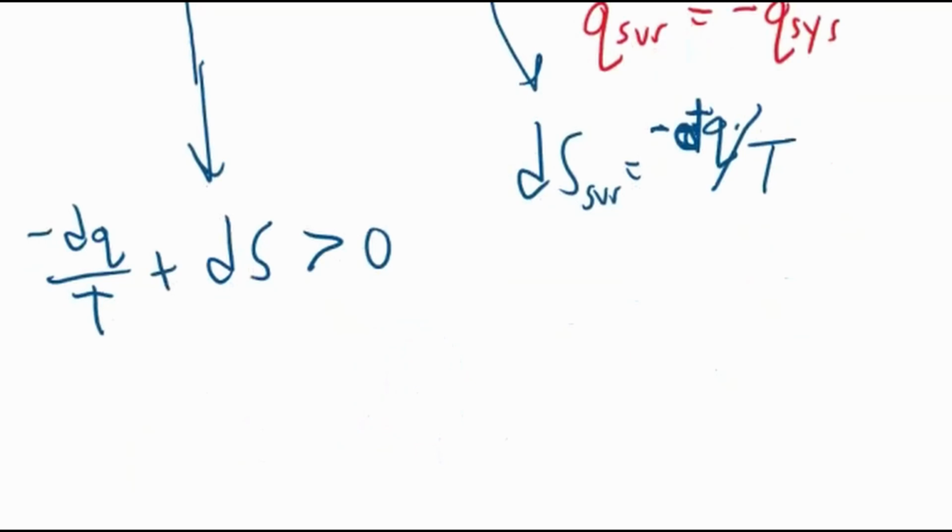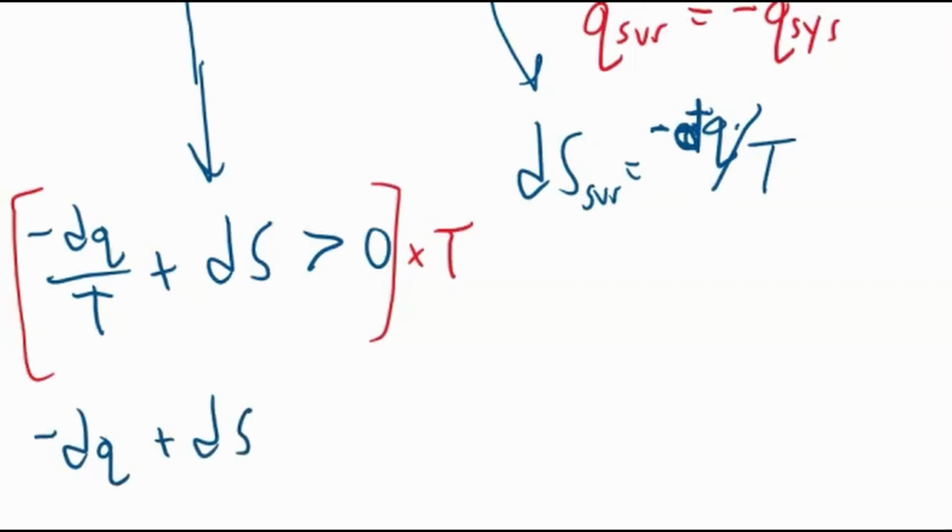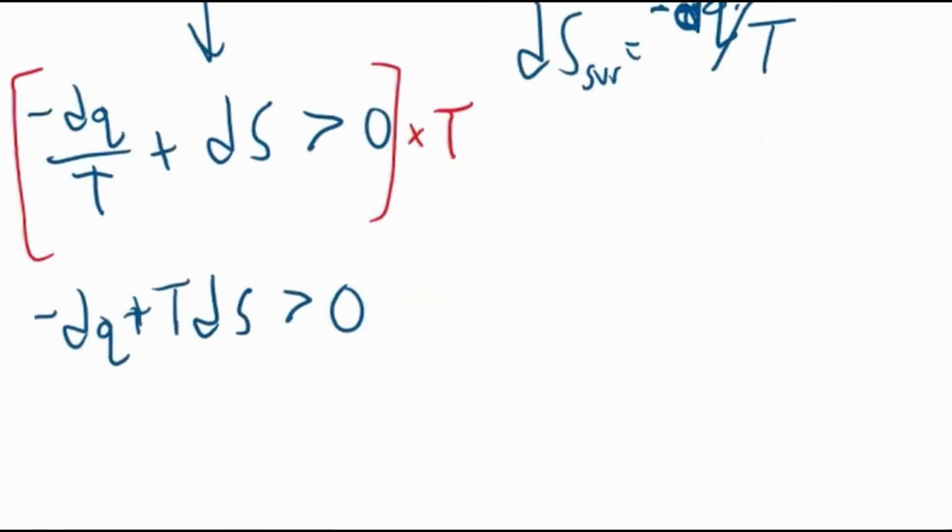Okay, now we're going to multiply both sides by T. If we do that, we're left with negative dq plus T dS has to be greater than 0. I forgot my T in the second term. Now we're going to move everything to the other side.